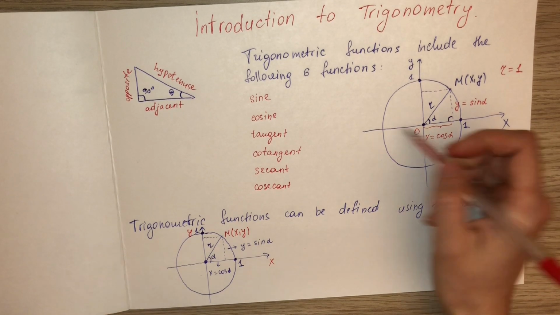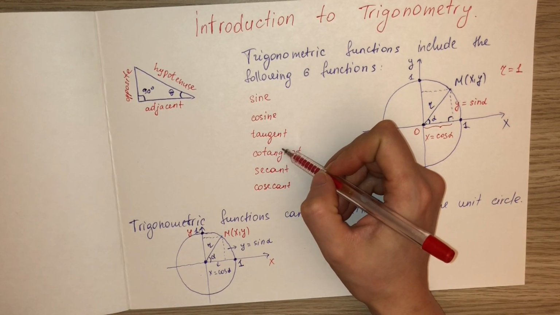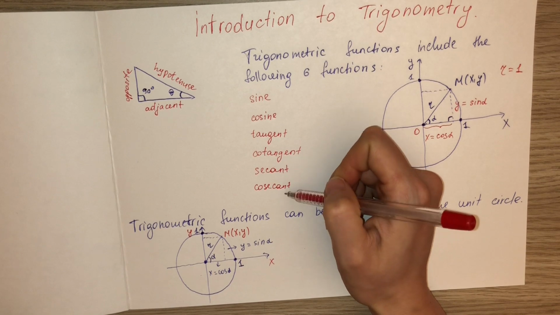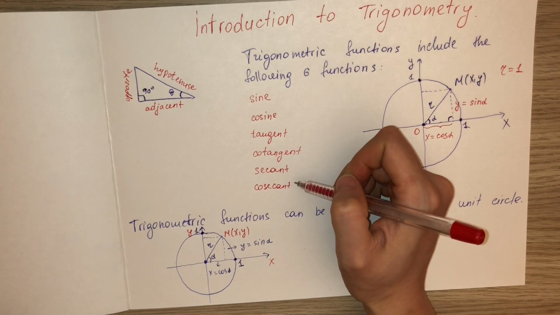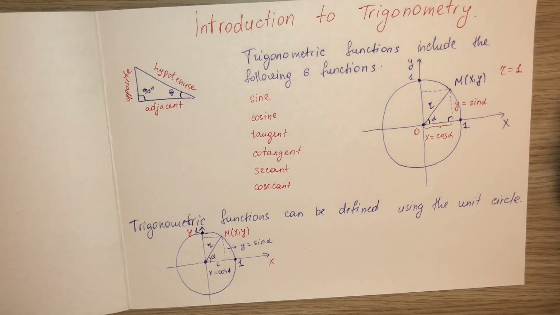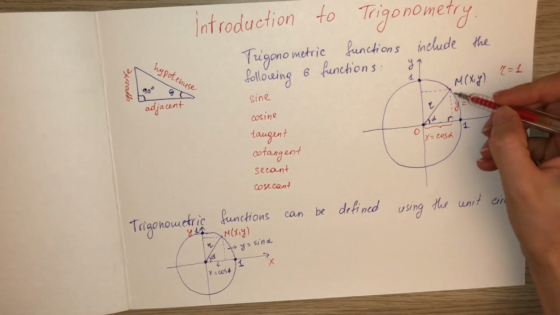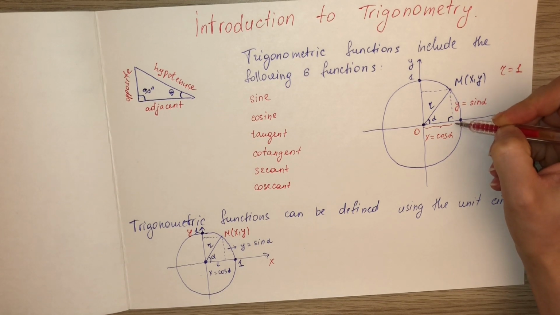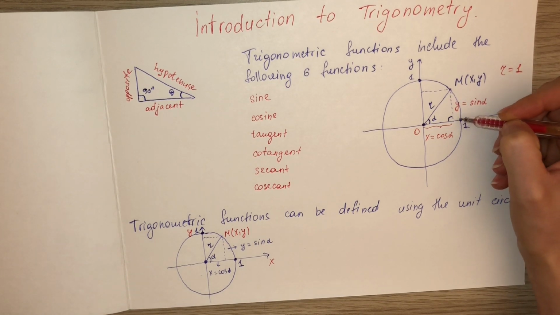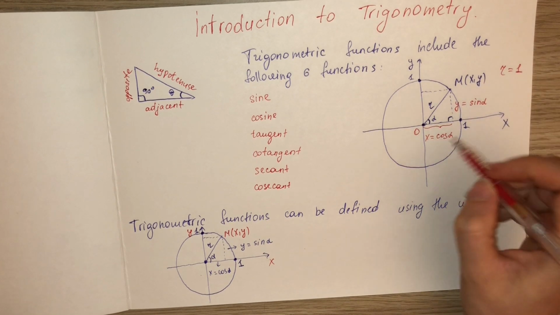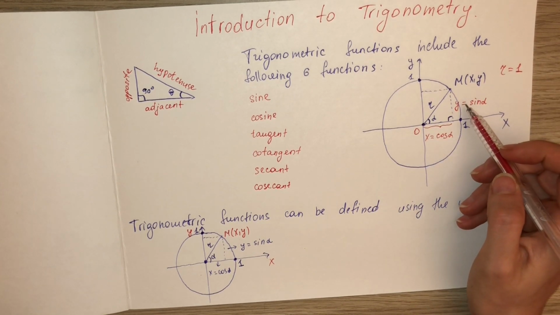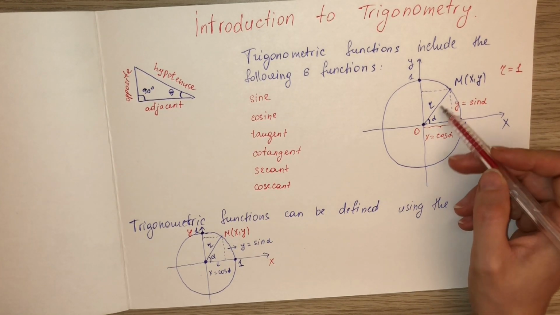Let's find the sine, cosine, tangent, cotangent, secant, and cosecant. The sine of an angle alpha is the ratio of the y-coordinate of the point M to the radius r.